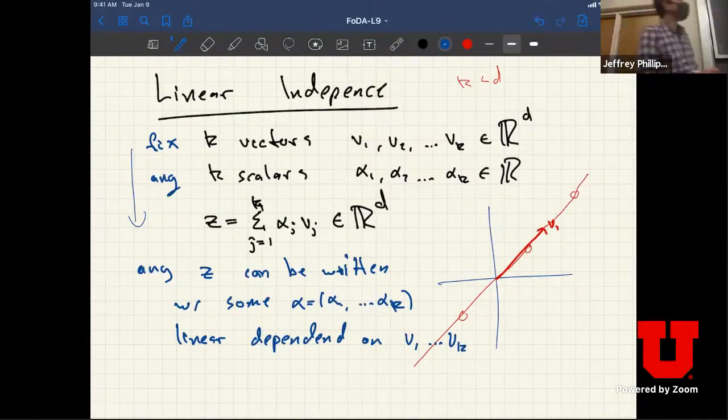Okay, so the Z's that I can write in this way are the ones which are called linearly dependent on those vectors.